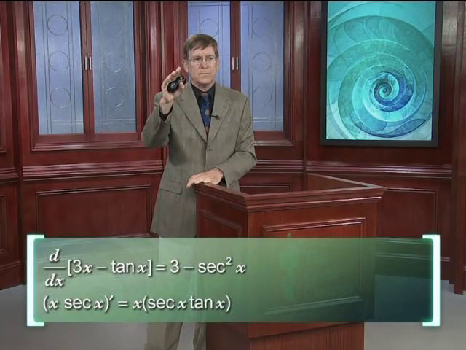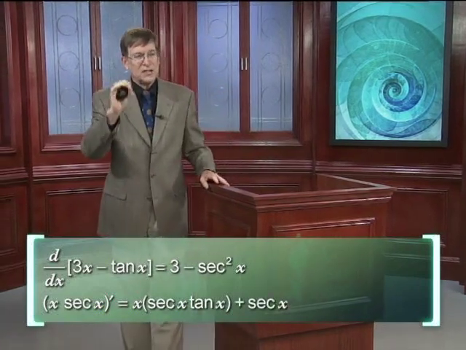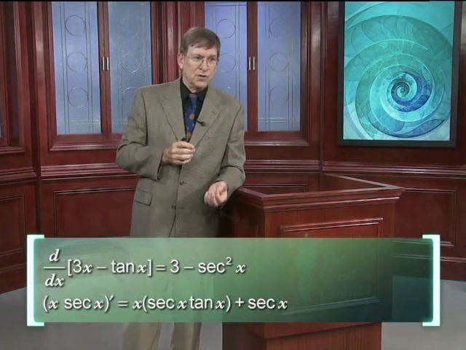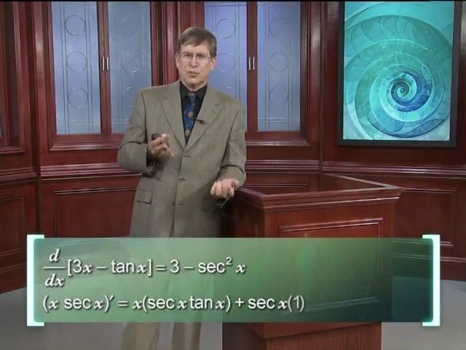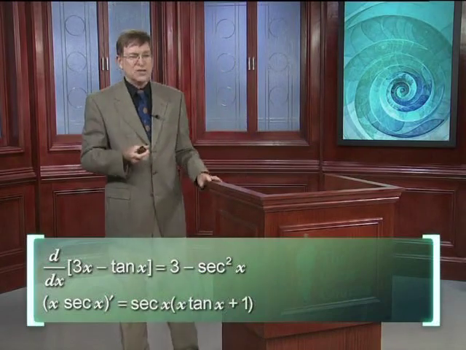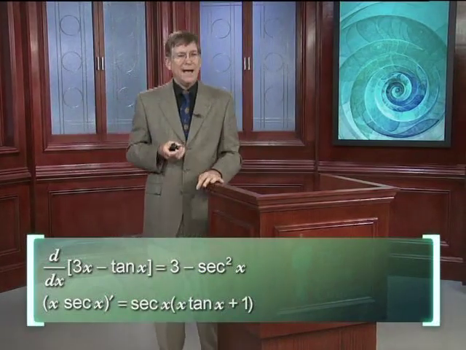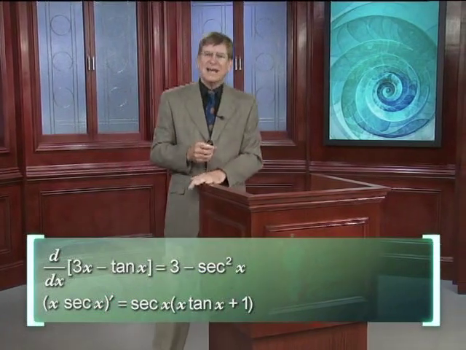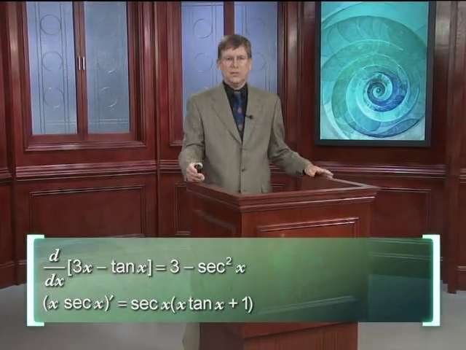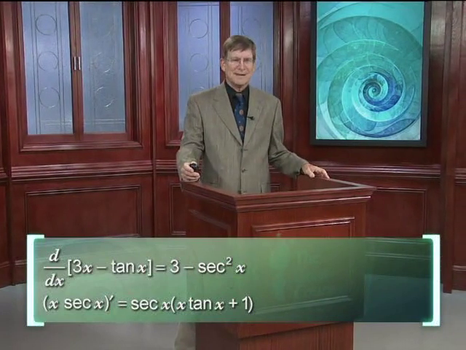Secant tangent. Plus the second function, which is secant, times the derivative of the first function, and the derivative of x is just 1. That wasn't so bad. And then you could factor out the secant if you wanted to and get a final answer of secant x times the quantity x tangent x plus 1. Good. I think we've got these formulas down.